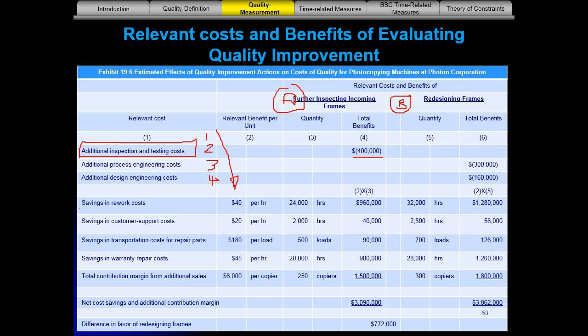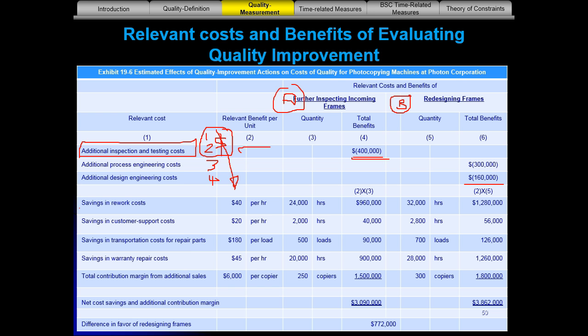And so what we're proposing with A and B is in the area of 1 and 2, where you have direct control over the cost of quality initiatives. And the idea is if you spend dollars here, that is $400,000 for option A, or $560,000, that's $300,000 plus 160 for option B.